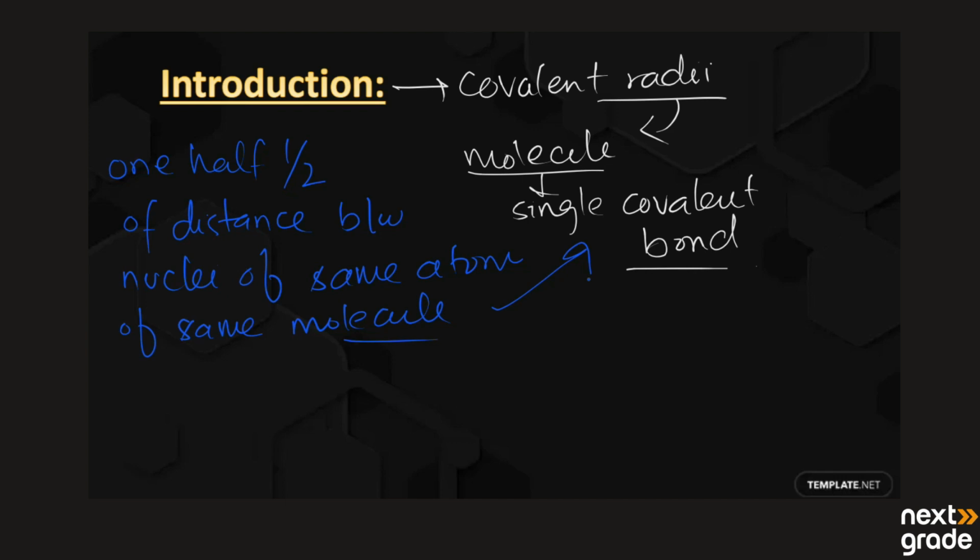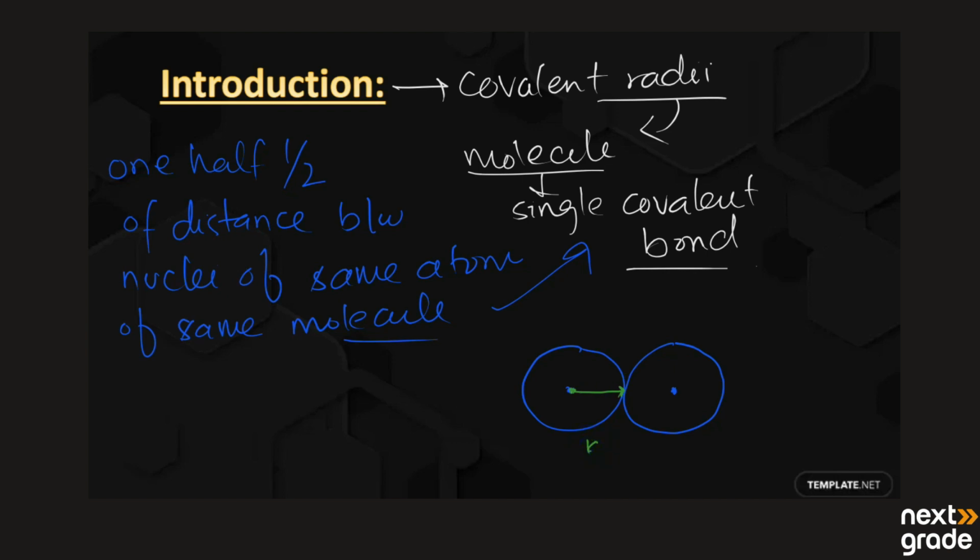For example, if we have a molecule like A and B, they're going to form the bond. This is their central nucleus, and the distance from the nucleus to its outermost shell is known as atomic radius.